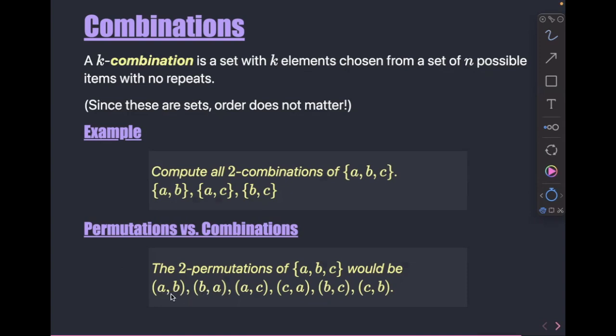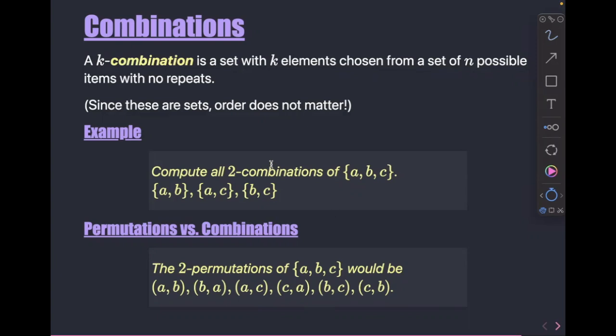So I'd have to consider AB and BA and AC and CA, where in this case, I wouldn't have to do that because order doesn't matter. So AC and CA would be the same set, so I only have to list it once. So in this case, there's 3 possible 2 combinations, but there's 6 possible 2 permutations. So it's good to understand the difference between combinations and permutations.